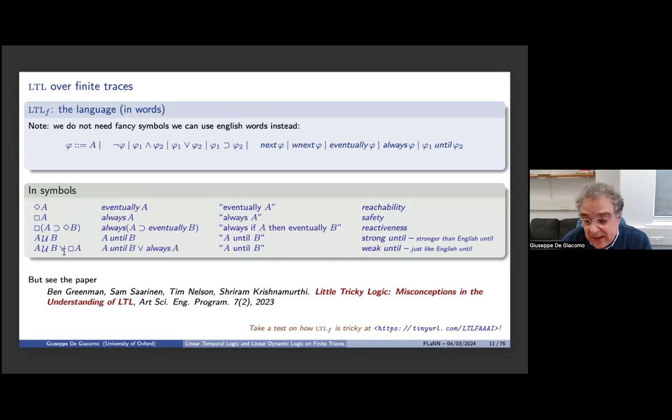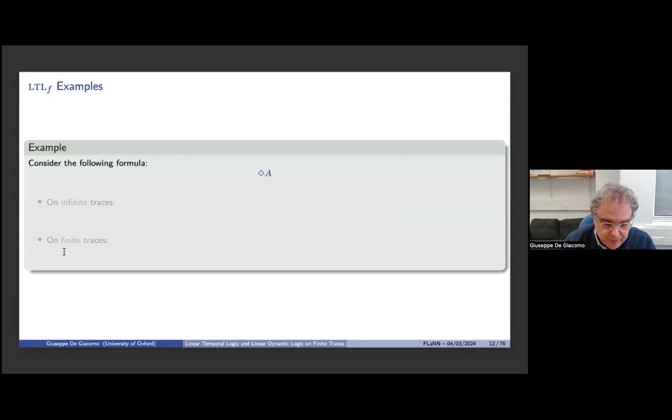Here, forever means until the end of the trace. And until says that pi 2 will eventually happen, and before that, pi 1 holds, or it's always pi 1. By the way, until is a little bit of a false friend with respect to English, and this leads to a lot of misconception in writing logic naively. But if you start understanding the meaning of the various operators from a mathematical point of view, then you become pretty good at writing these specifications.